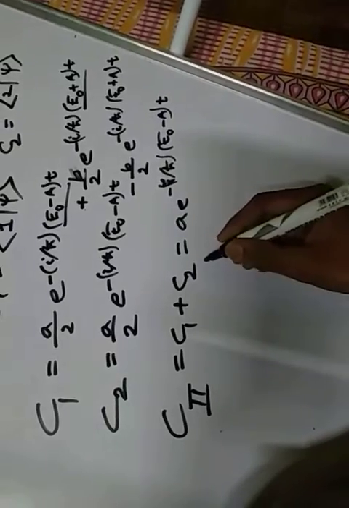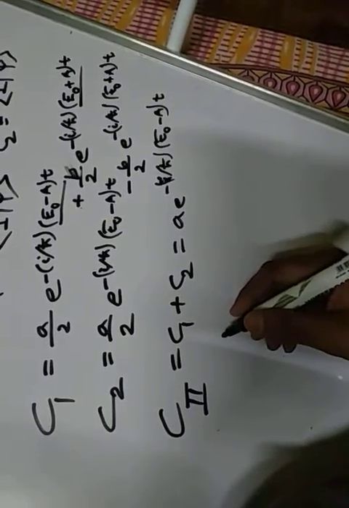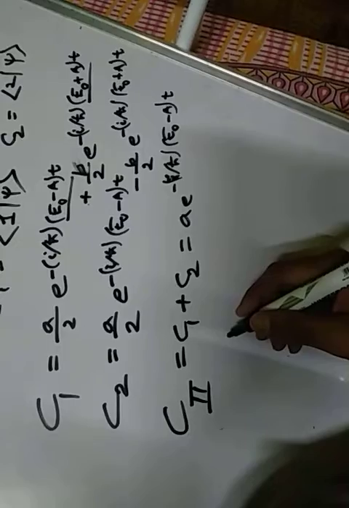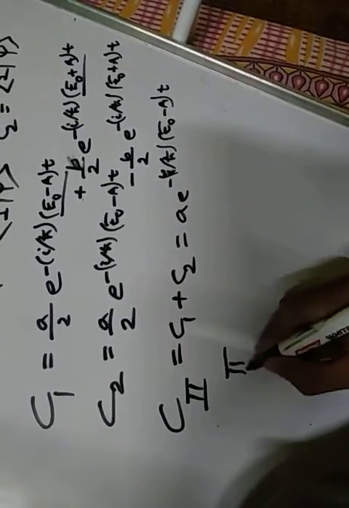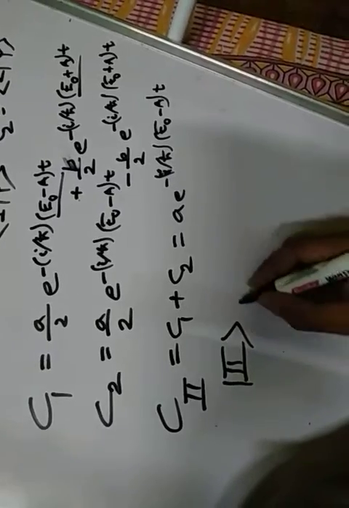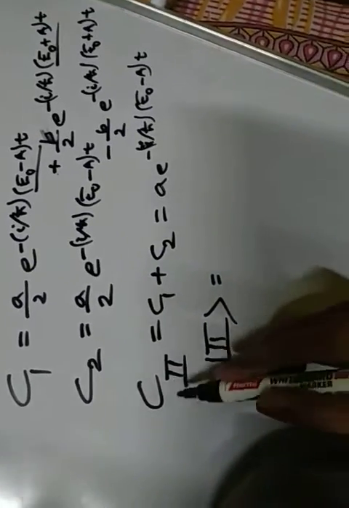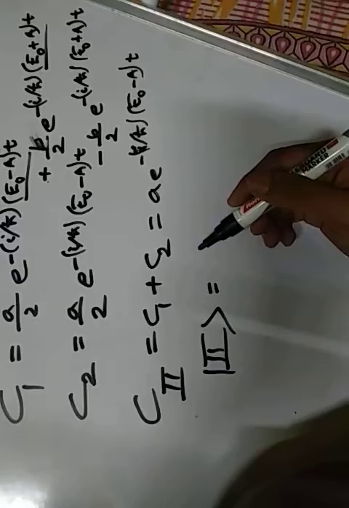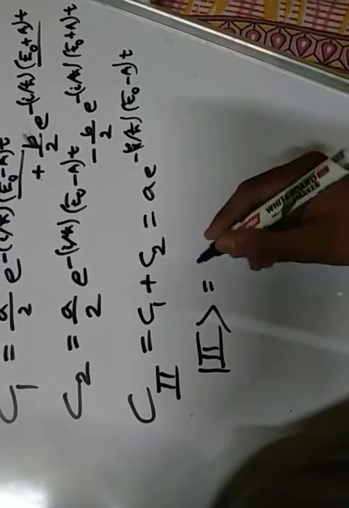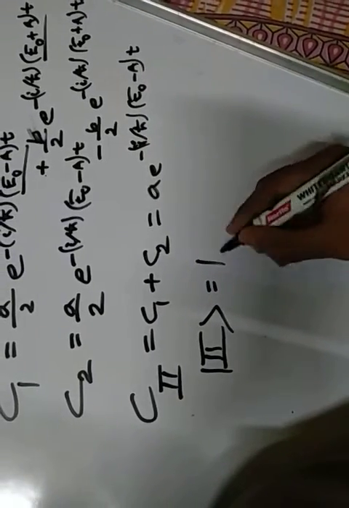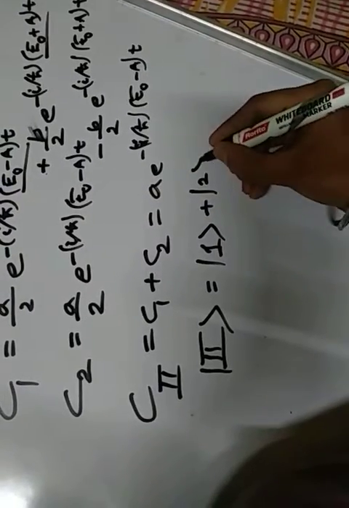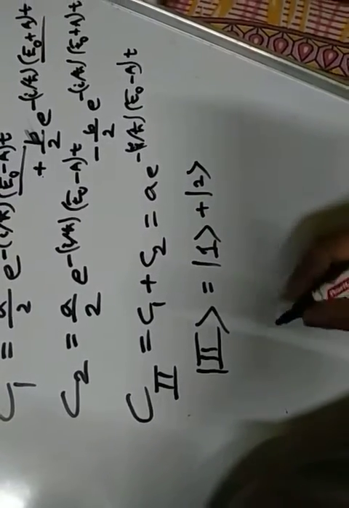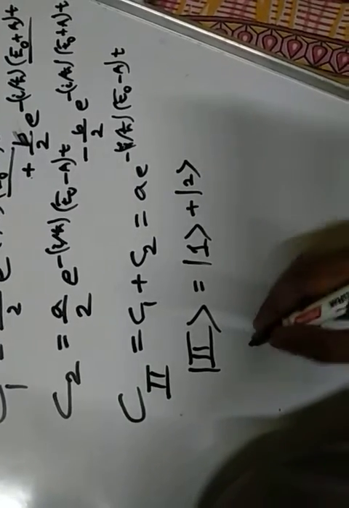Yes, we can write this, say, to abstract it out. From this we are abstracting out I equals 1 plus 2.